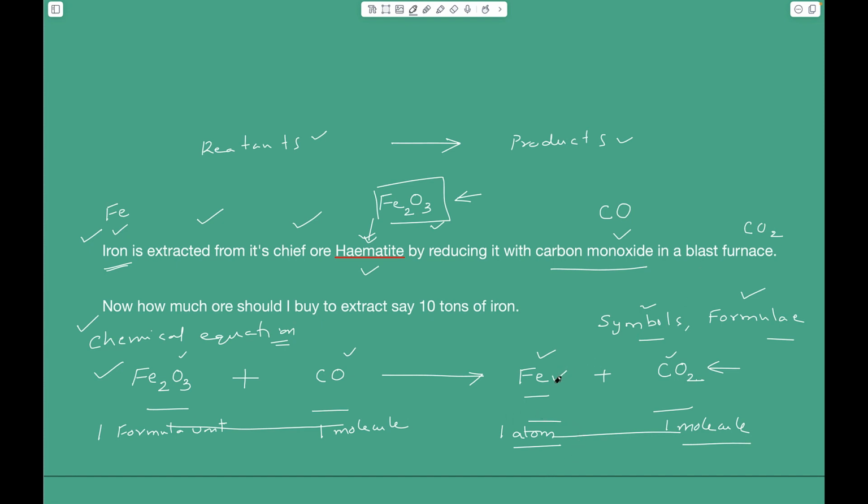And to indicate clearly that this symbol represents one atom, you may put that number 1 before that symbol. You can even write it like this. So 1 Fe obviously means one atom of iron. And if you want to represent two iron atoms, you have to put the number 2 before it.